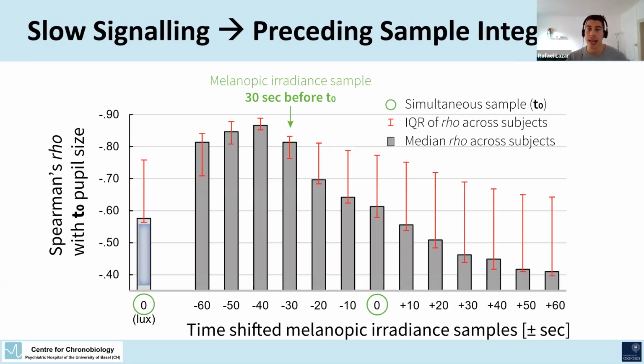So let's have a look at our results. In this graph, we can see on the x-axis the correlations. So the higher the bars are, the higher the rank correlation is. And let's have a look at the simultaneous samples. So on the x-axis, we have different melanopic radiance samples, and these are time shifted.